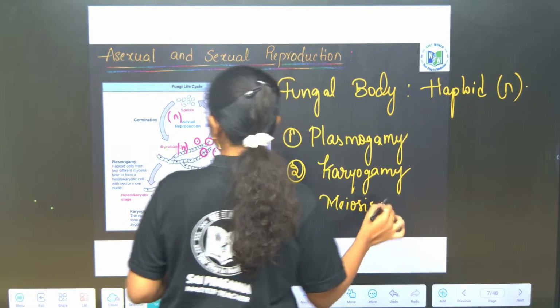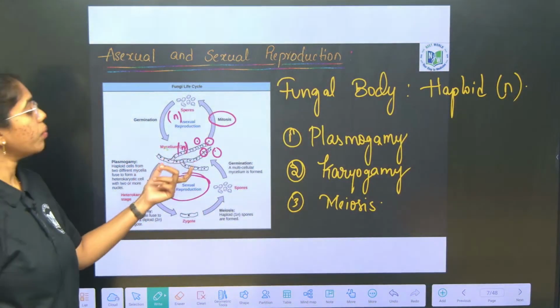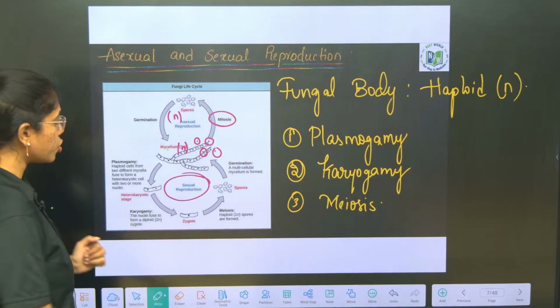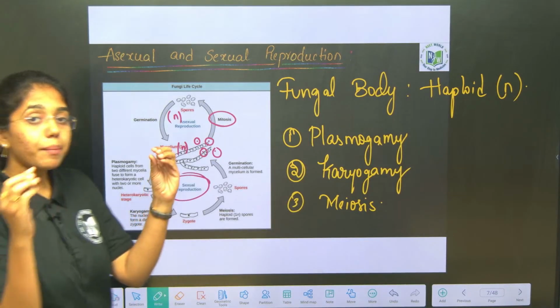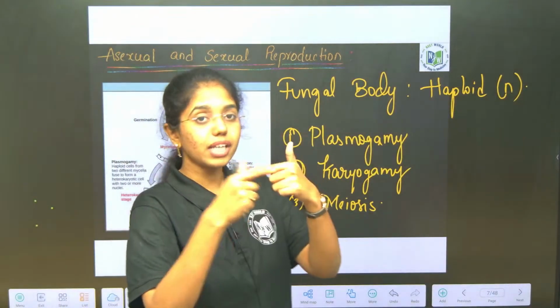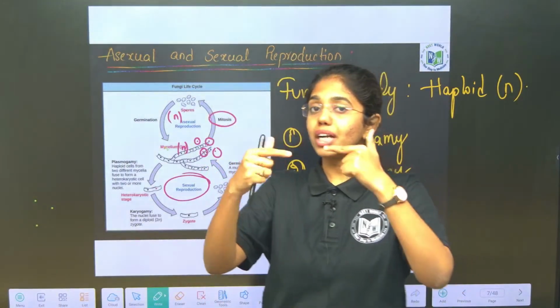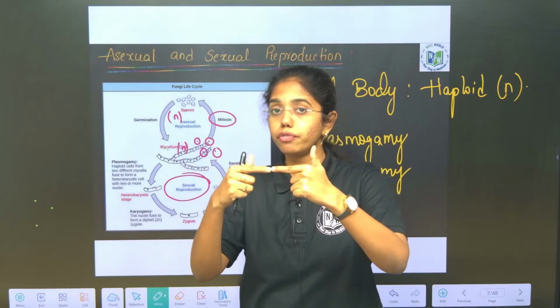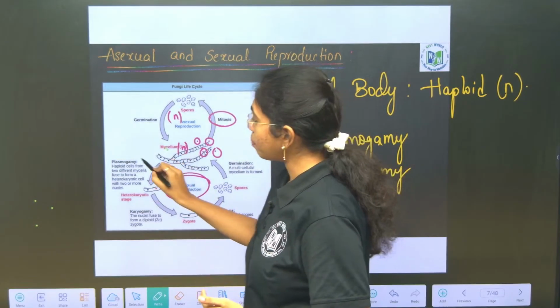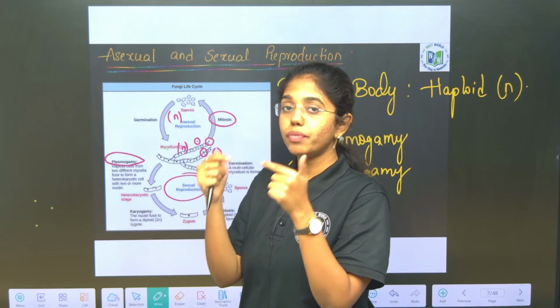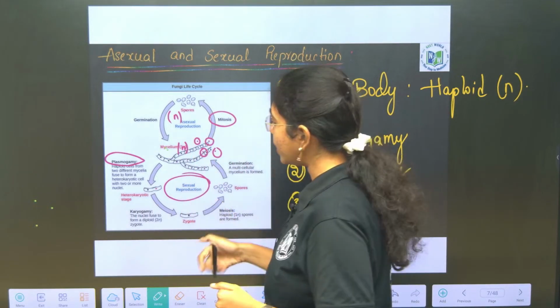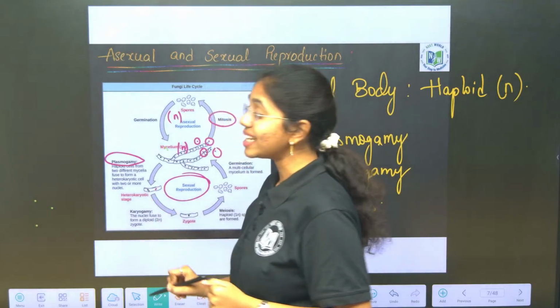So here you see, first the haploid fungal body will of course produce haploid spores, yes or no. But in sexual reproduction gamete fusion takes place: hyphal strands, two different strains, will get fused. That first step is called what? Plasmogamy. The plasma of those two hyphae will be exchanged first, and after plasmogamy comes karyogamy.